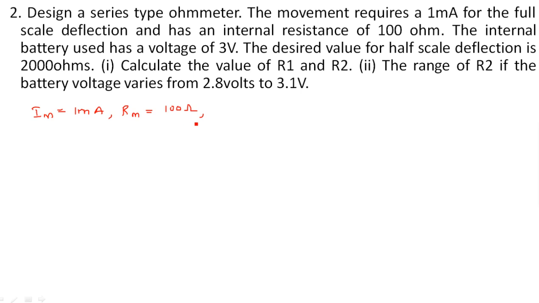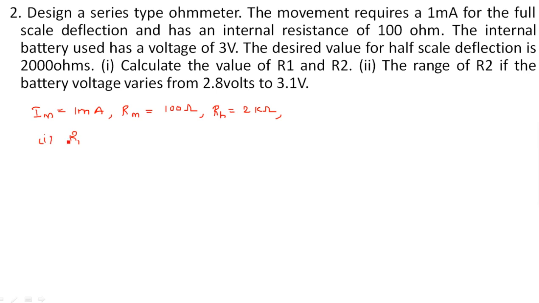And next, half of the full scale deflection RH is given. RH is equal to 2000 ohms, nothing but 2 kilo ohms. Calculate the values of R1 and R2, using the formulas we have seen in the previous case.